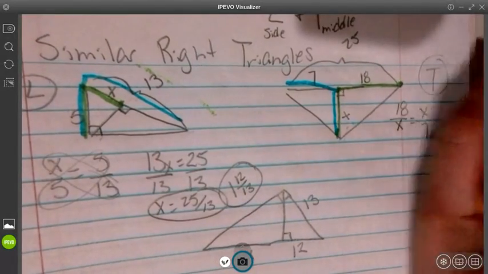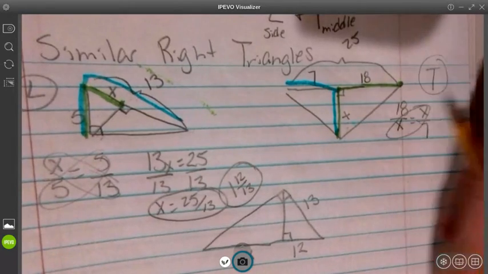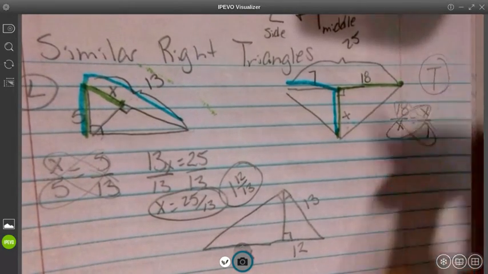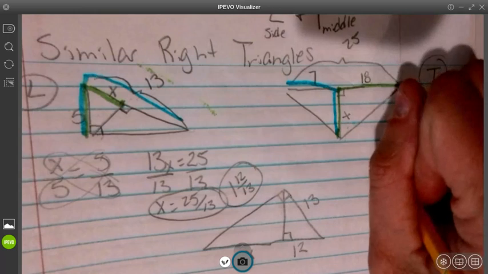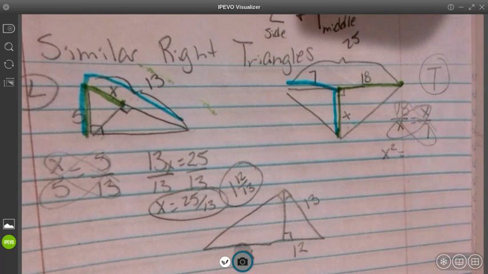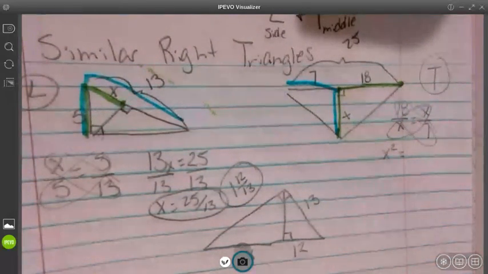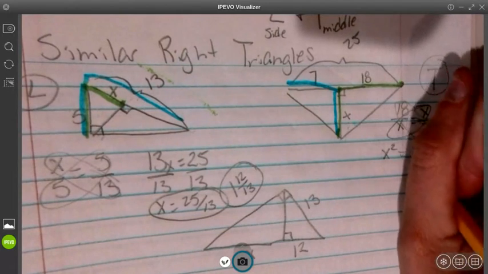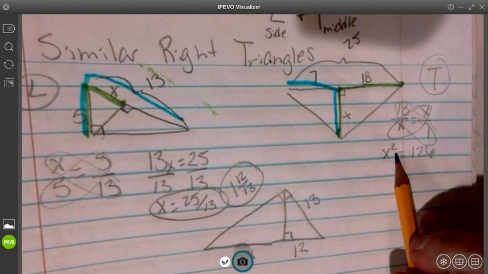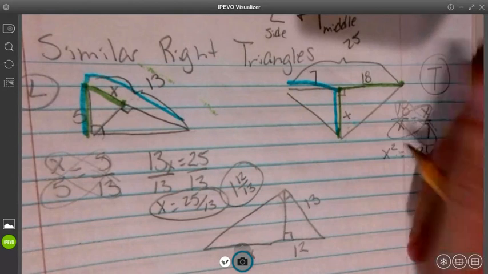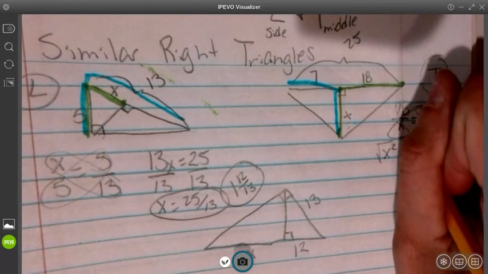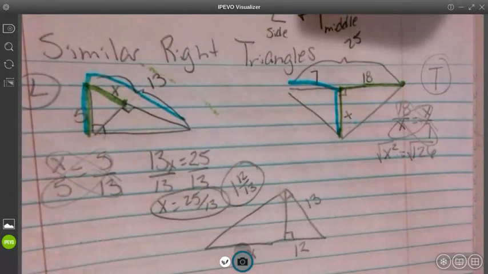Okay, and then I'm going to cross multiply, and we're going to get a little bit different situation here. We have the X times X is X squared, and then we have the 18 times 7, which is going to give me 126. But I don't need an X squared, I need just the X. So I am going to take the square root of the 126.